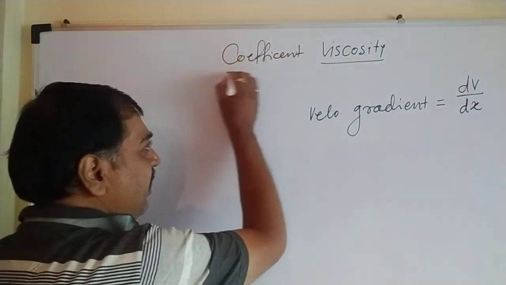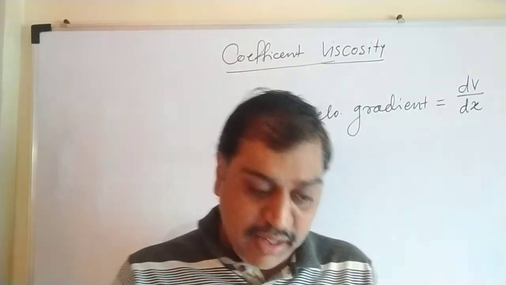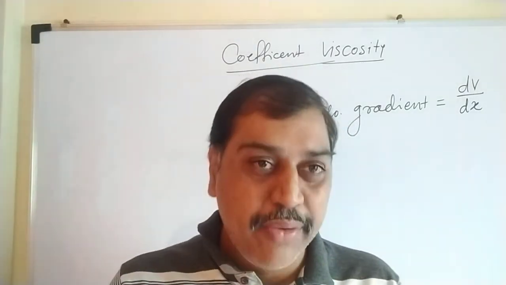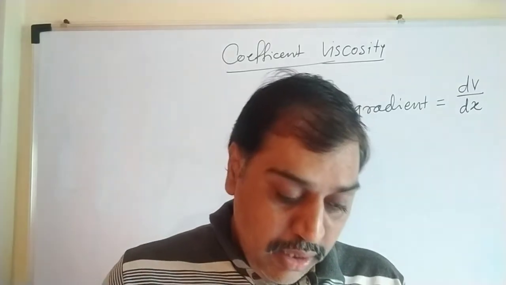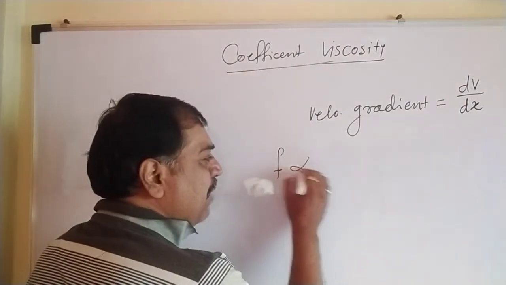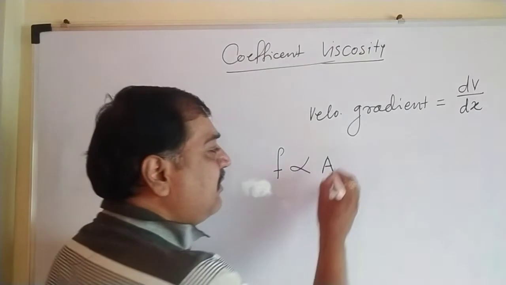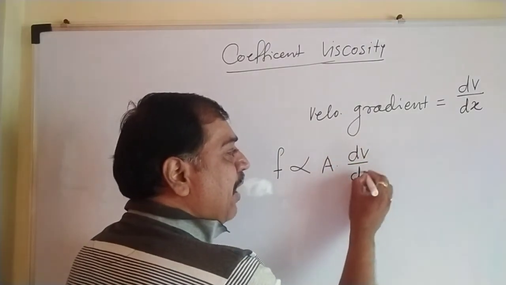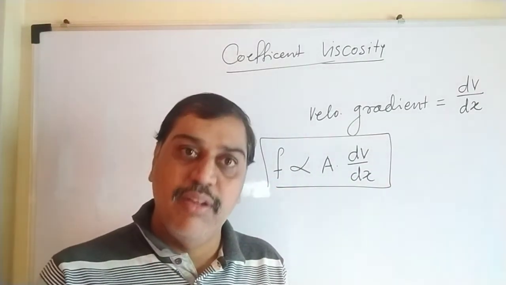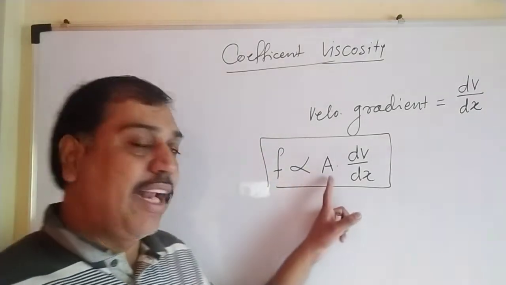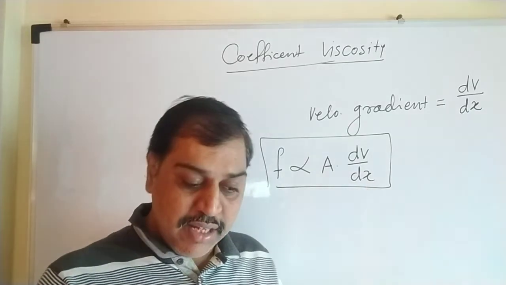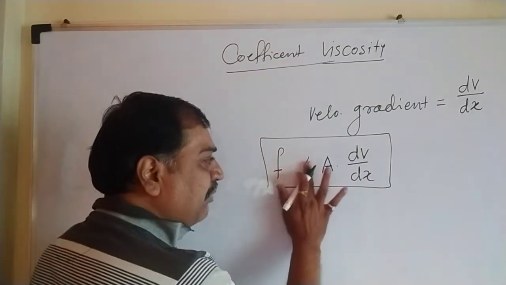Newton's law of viscosity says that the viscous force is directly proportional to the area of the layer. Suppose F is the viscous force; it is directly proportional to the area of the layer, and directly proportional to the velocity gradient dv by dx. So Newton's law of viscosity says the viscous force is directly proportional to the area of the layer as well as to the velocity gradient, the change in velocity with distance.